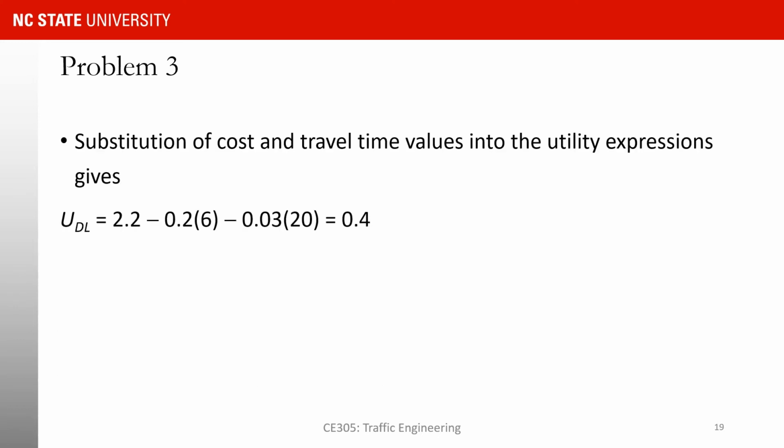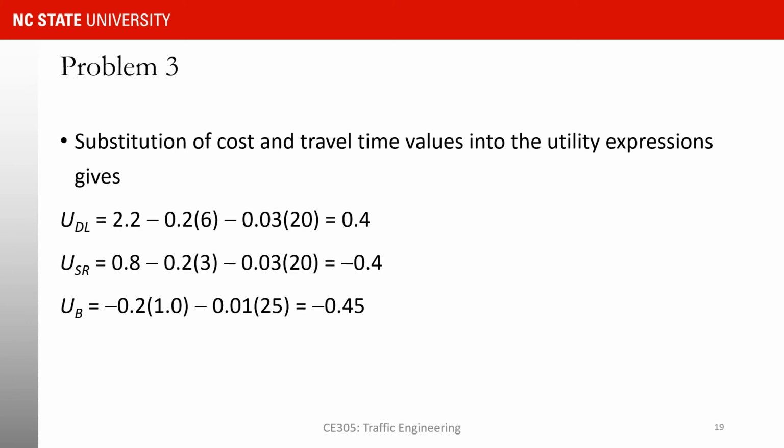The utility of driving alone is 0.4, utility of sharing a ride is negative 0.4, and utility of a bus is negative 0.45. So from here you need to know that the probability of driving alone is going to be the highest, then the probability of sharing a ride, and the lowest is the probability of going with the bus because of the utility. So the highest utility is with driving alone.